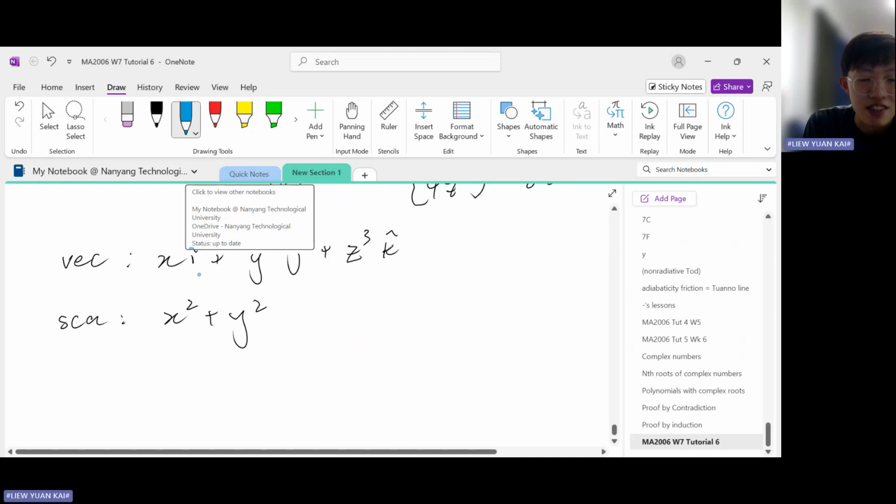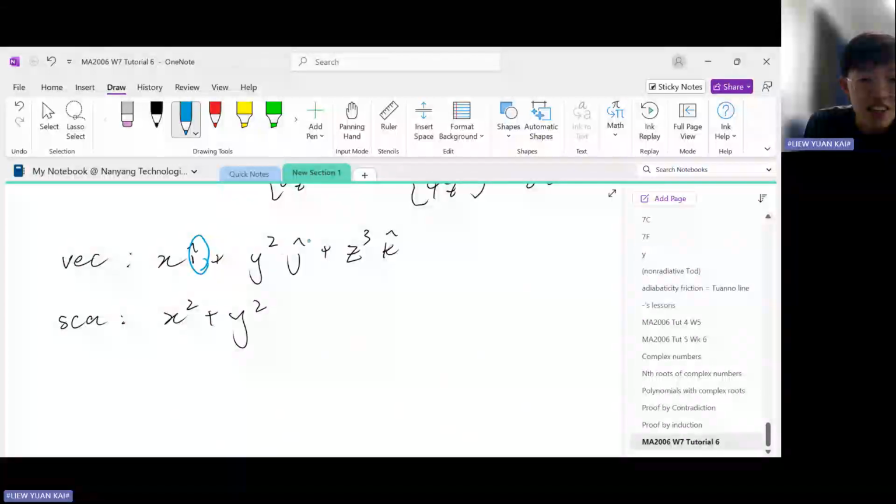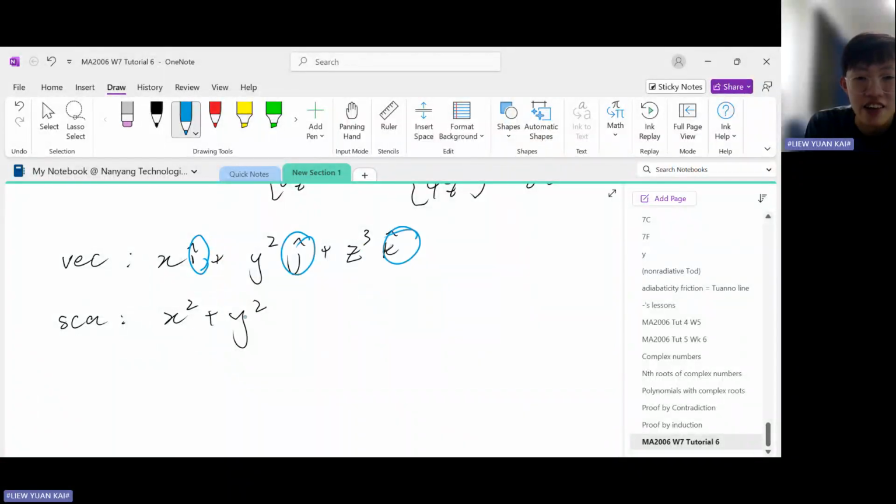See, the vector function has vector components i, j, k, whereas scalar functions don't have i, j, k. They're simply just a number. No i's, no j's, no k's. They don't have direction. Vectors have a magnitude and direction, so the direction is indicated by i, j, k. Whereas scalar functions are what we already know before vectors.